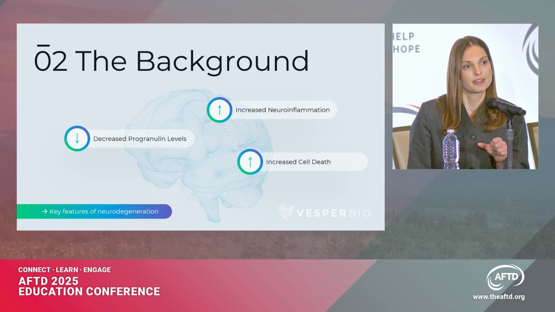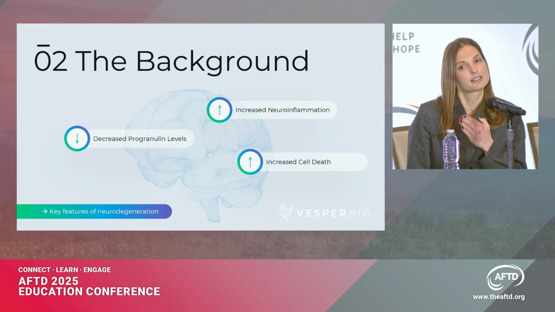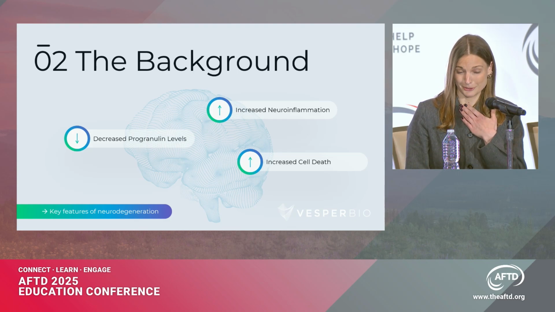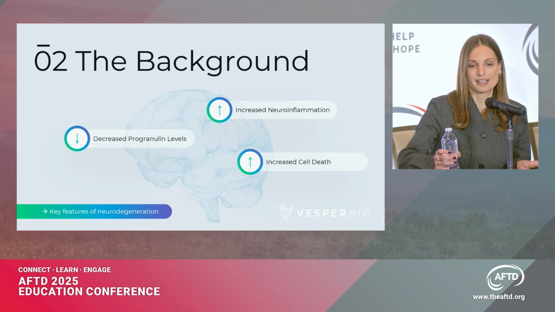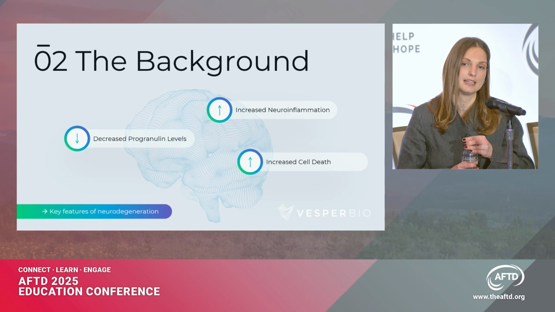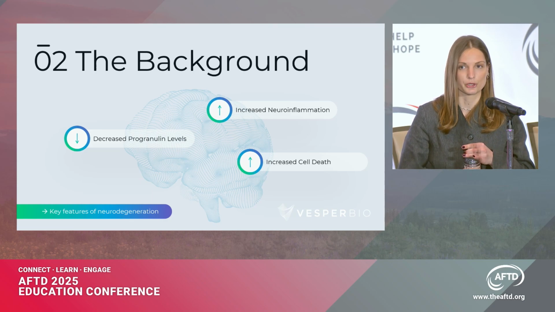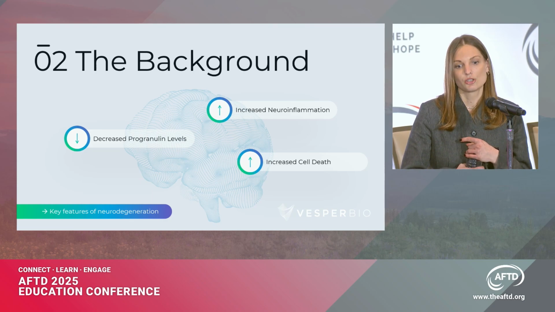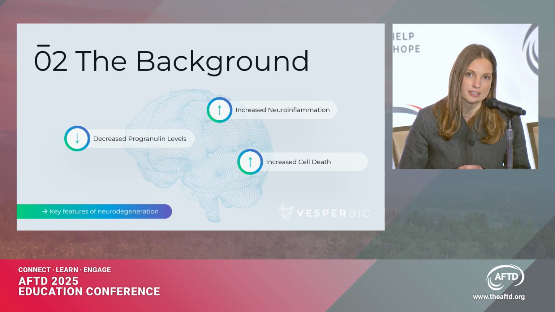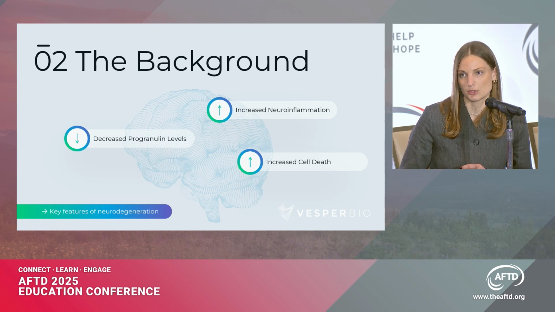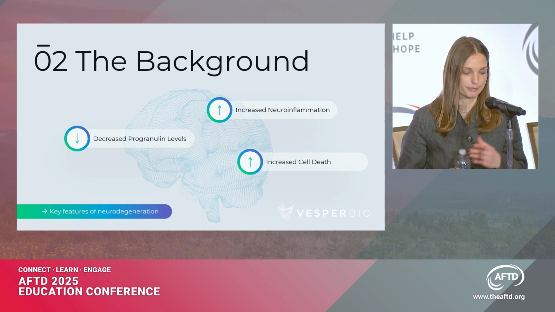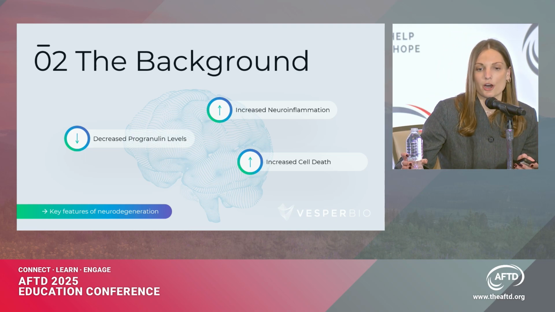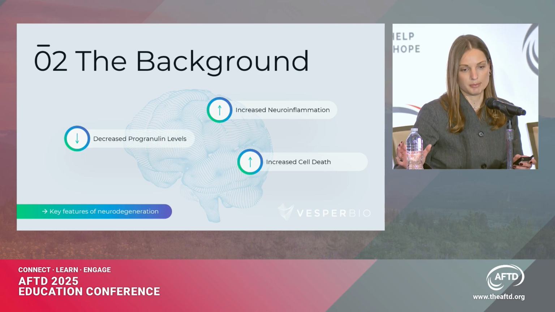And second, there is an increased cell death that means that the function of the brain worsens with time. So these are the key features of the disease and are closely linked to the symptoms of FTD. So how do we target these problems with our treatment?